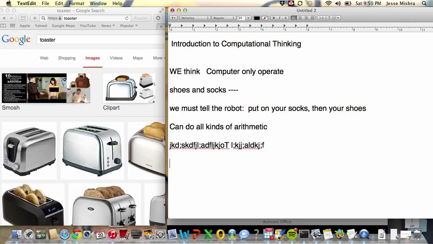But if I give that same string, or what I should say is a text message, to a computer, what the computer will do is say, okay, here's the first thing. Is that first thing, which happens to be a J, equal to a capital T? No? Okay, I'm going to go to the second thing. The second thing is a K. Is that equal to a capital T? No? All right, then I'm going to go to the third thing.